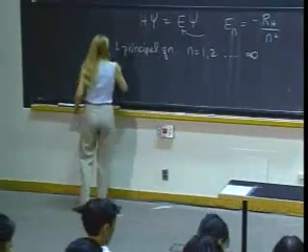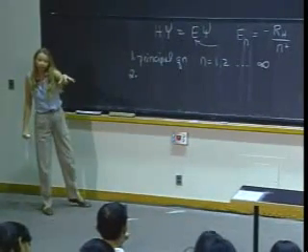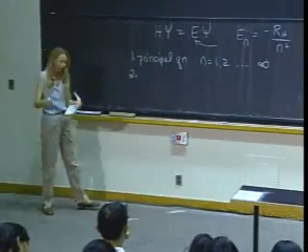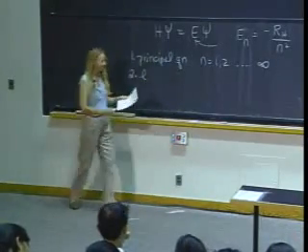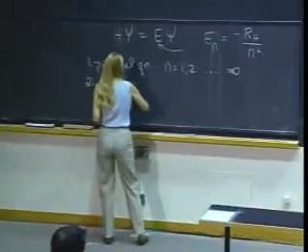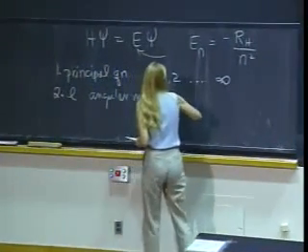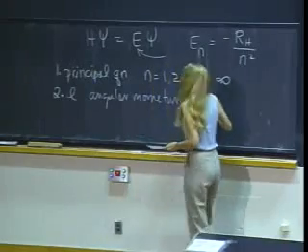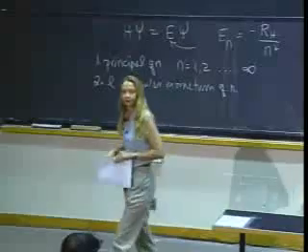And one of the quantum numbers that pop out in the solution for the wave function is a quantum number we call L. L is the angular momentum quantum number. It's called the angular momentum quantum number because it in fact determines how much angular momentum the electron has.